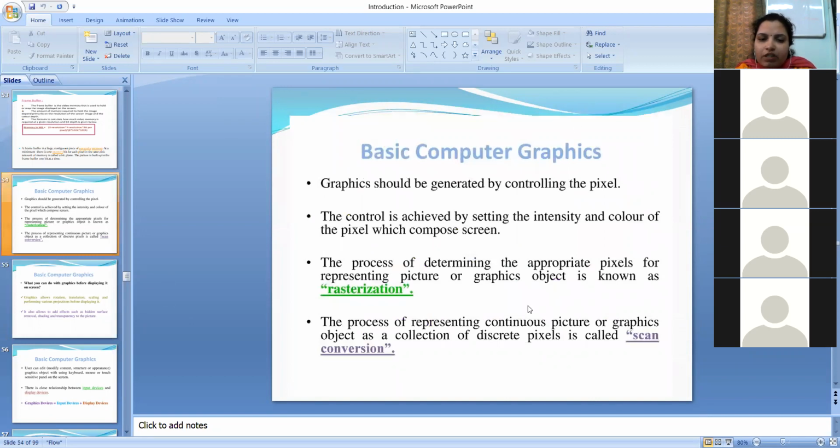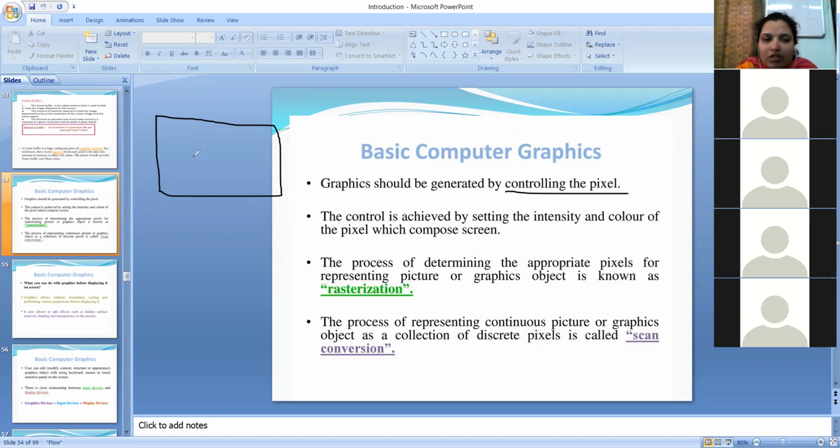Then we will see what is rasterization. So here we are going to make use of this word raster scan graphics. So what is rasterization? This is your output screen, and you are going to draw the image by controlling the pixels, right? That means I am going to draw any image by changing the properties of certain pixels.